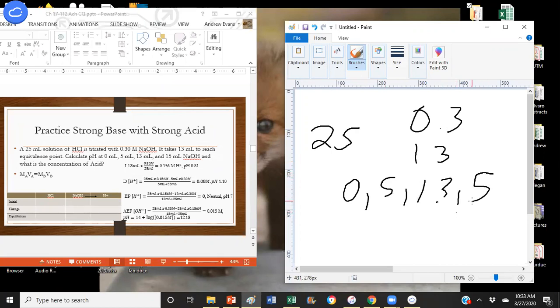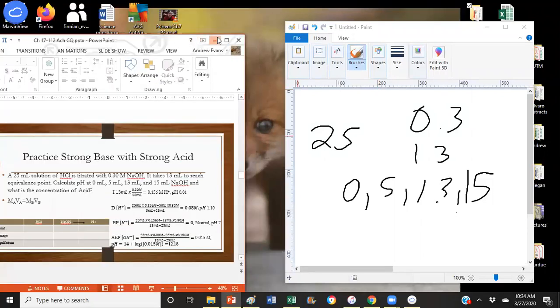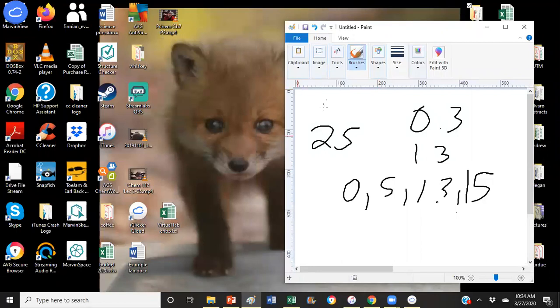Okay, that's all we need. Now the first point, you'll notice, we don't even have the concentration of acid, but I told you that it takes 13 mLs to get to the equivalence point.